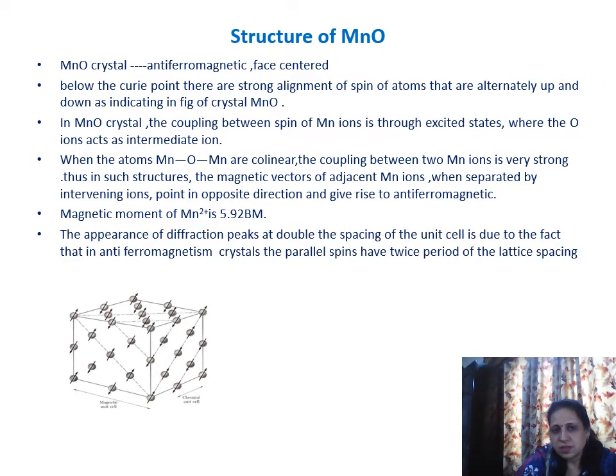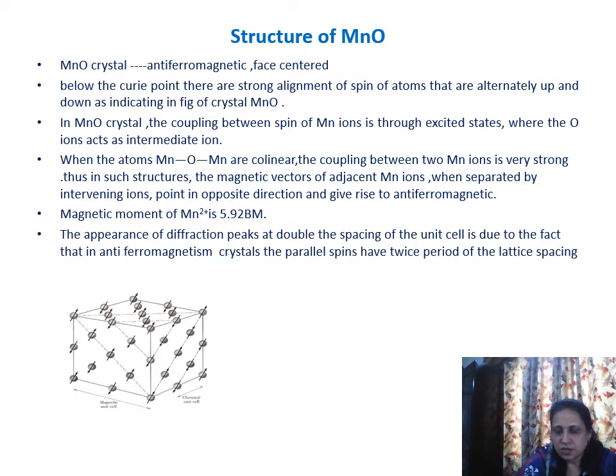In this crystal, the coupling between spins of manganese ions is through an excited state where the oxide ions act as intermediate ions. When the atoms manganese, oxygen and manganese are collinear, the coupling between two Mn ions is very strong.